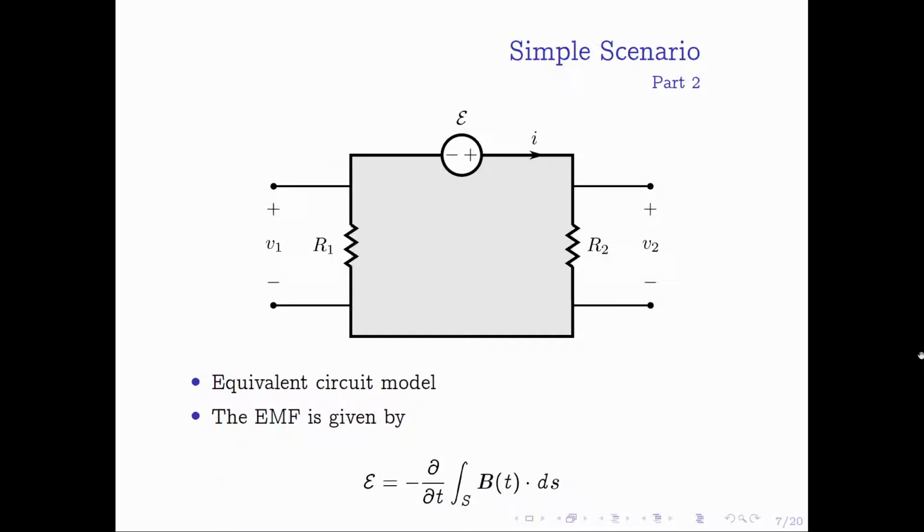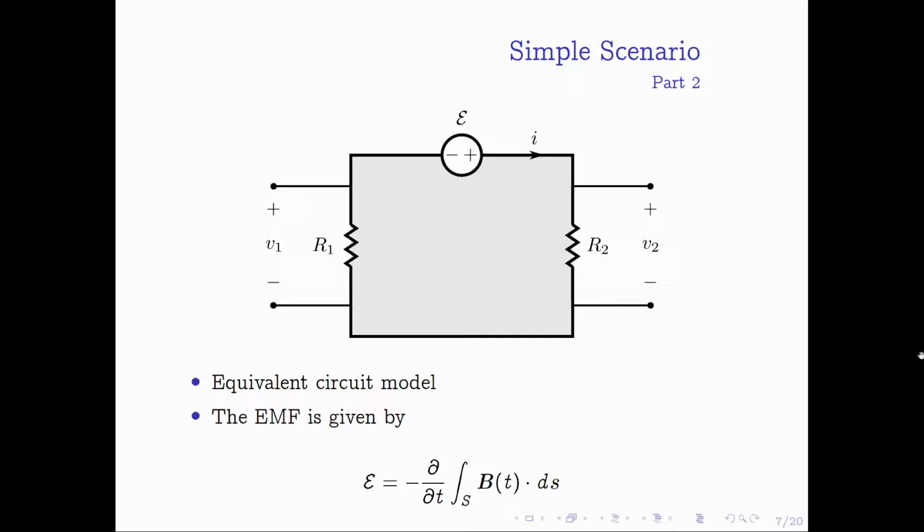If we apply Faraday's law correctly, we should be able to find this equivalent circuit. This equivalent circuit shows an EMF or a voltage source inside the loop. Of course, this equivalent circuit means that there is no magnetic flux density inside the loop. However, I kept the highlighted area just to remind you where was the magnetic flux density.